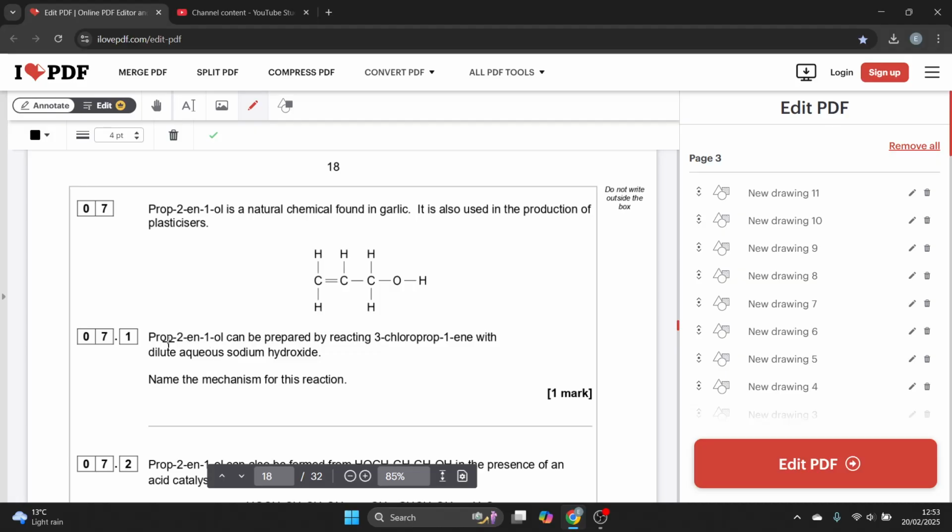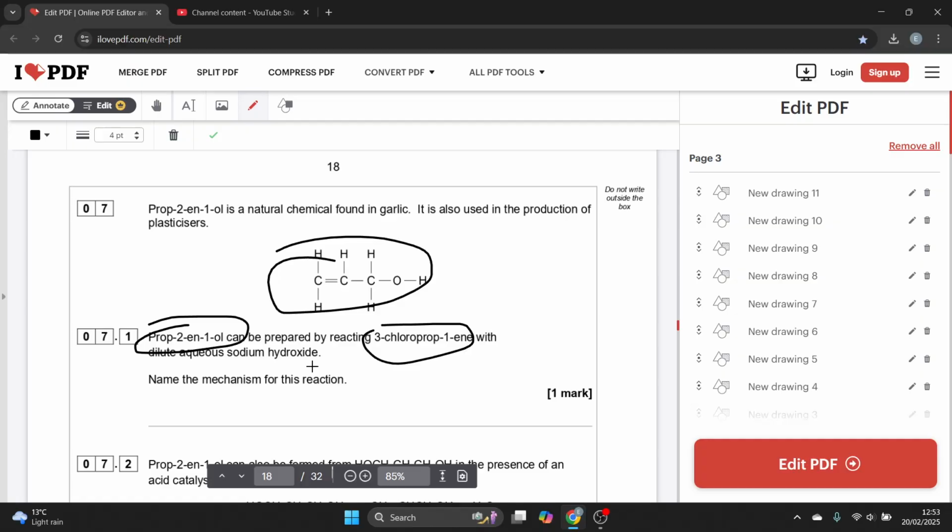So this is what's being made, right, by reacting a halogenoalkene with dilute sodium hydroxide. Nucleophilic substitution. Replace the chloro with the OH group.